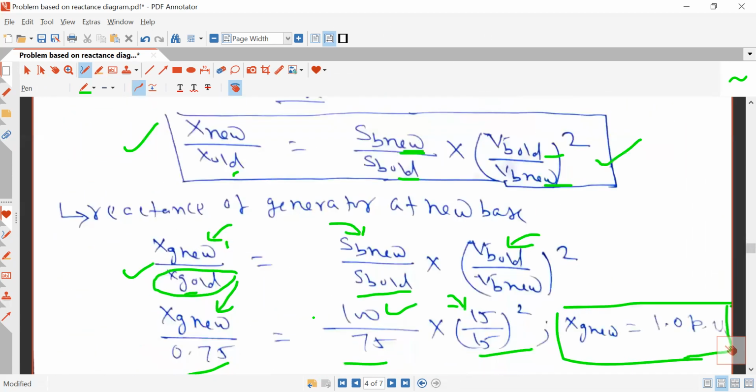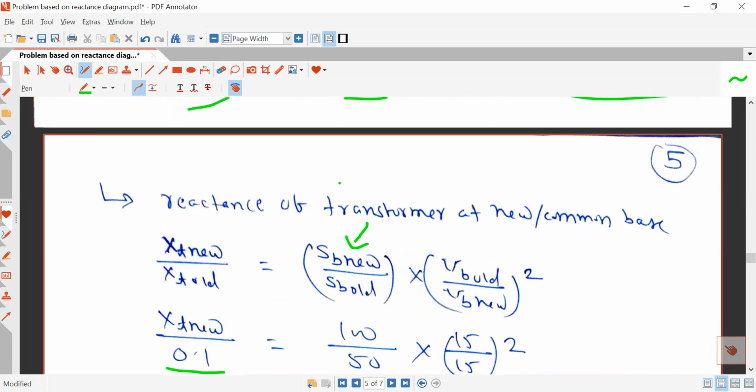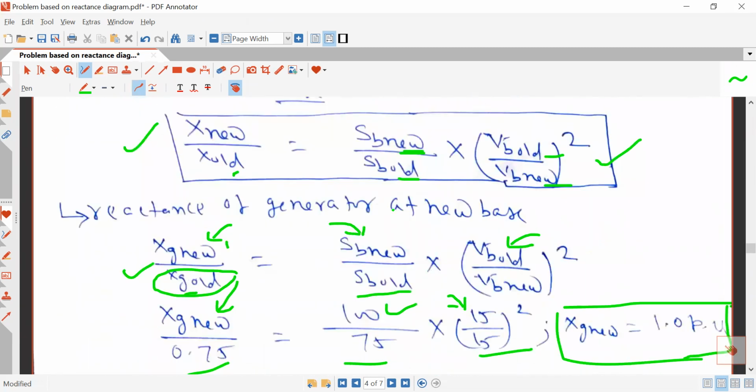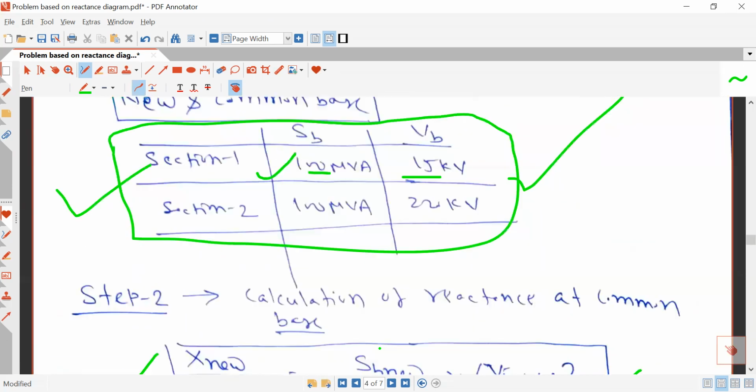And I will use the same formula for the transformer also. This reactance is given in the block diagram. For the new value, because you are keeping the transformer in section 1, and for section 1 the base MVA is 100 and the base kV is 15 kV, so SB new is 100 and VB new is 15. The old value is the rating of the transformer, which is given in the block diagram.